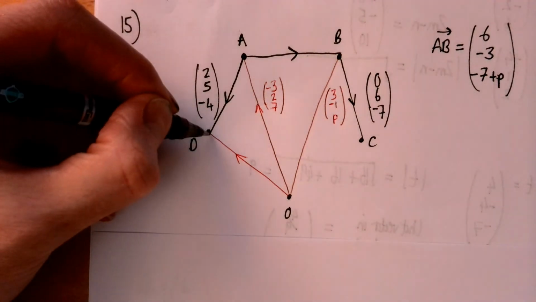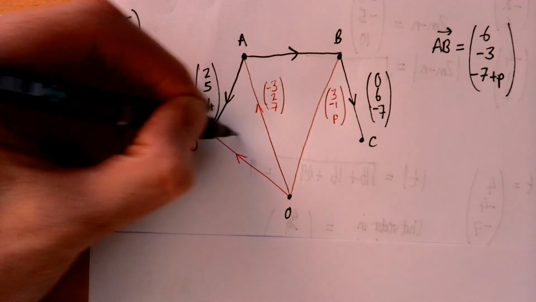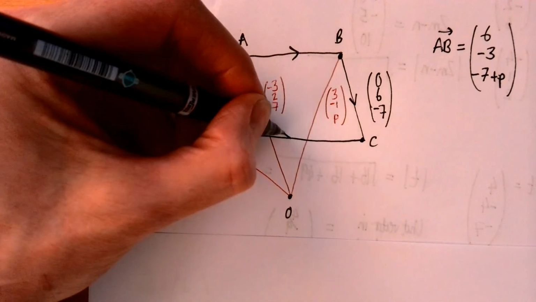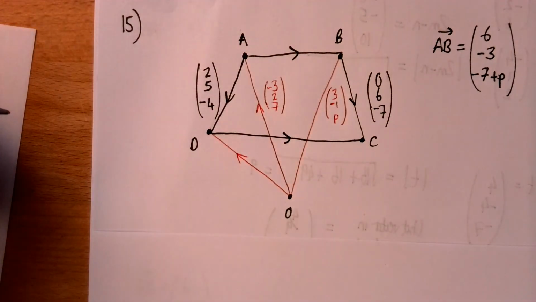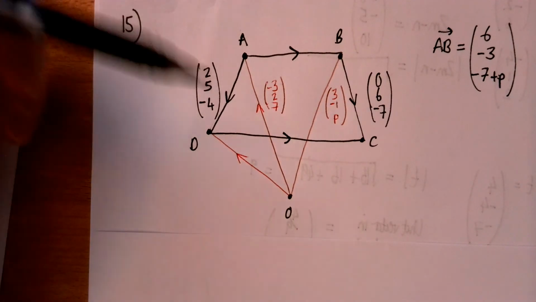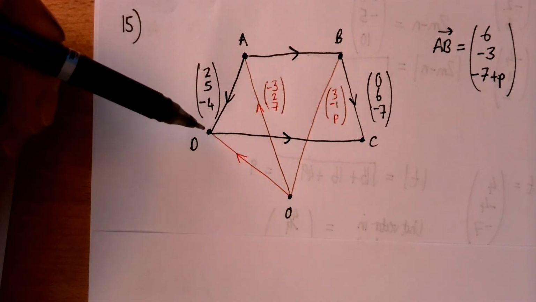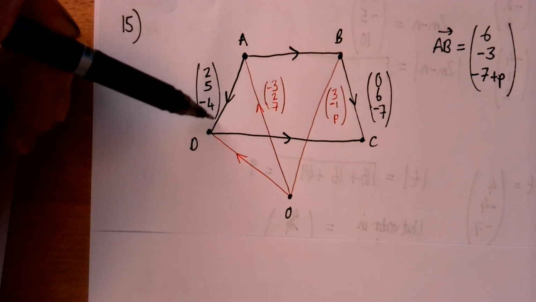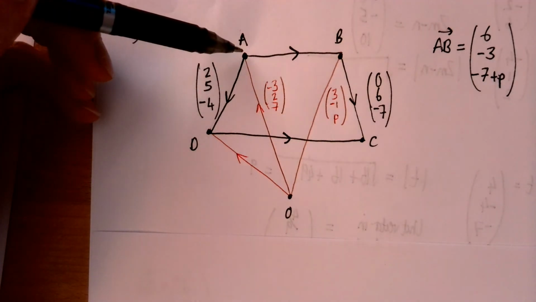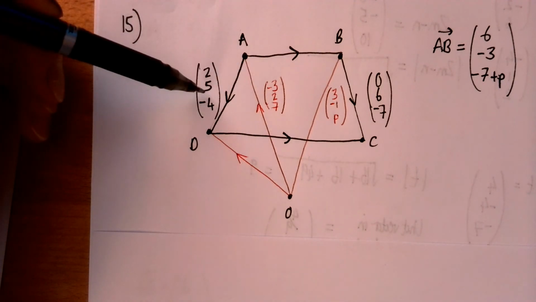I'm also going to work out the vector DC. Now, to do the vector DC, I could go a variety of ways. I think the way I'm going to do it is I'm going to go up there, so that's minus that vector.